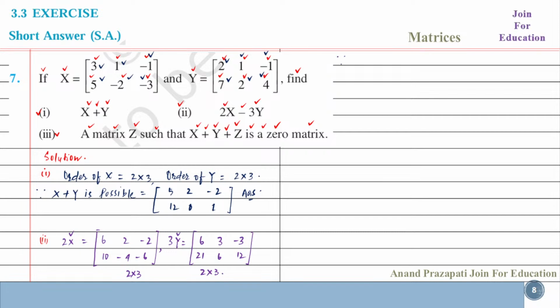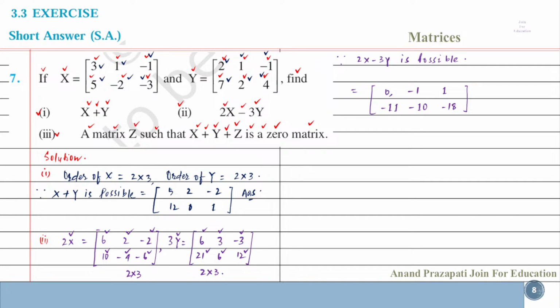Therefore, 2X minus 3Y is possible, and the value of this one will be, we subtract the corresponding elements: 6 minus 6 equal to 0, 2 minus 3 equal to -1, -2 minus 3 equal to -5, 10 minus 21 equal to -11, -4 minus 6 equal to -10, and -6 minus 12 equal to -18.